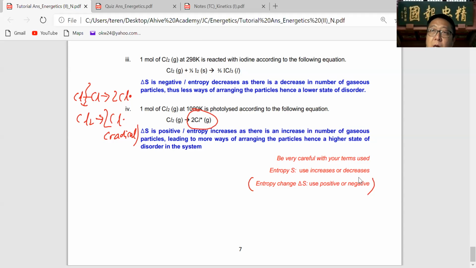You cannot say entropy change S is increasing. That's wrong. You can tell me delta S is positive or delta S is negative, or you can tell me entropy is increasing or entropy is decreasing. They mean the same thing, but you cannot interchange the terms. So that's how you answer this question.